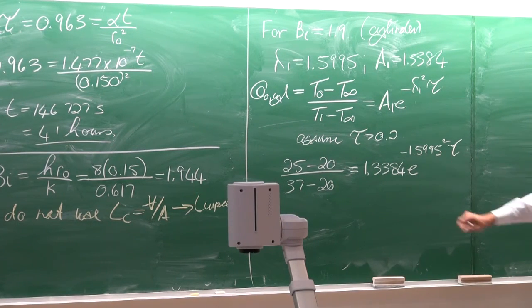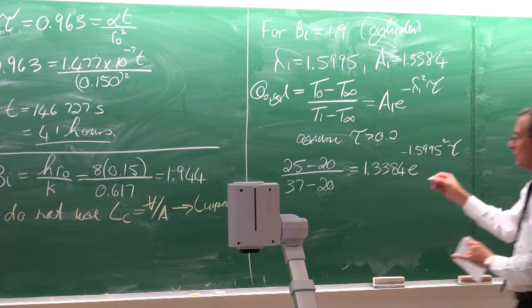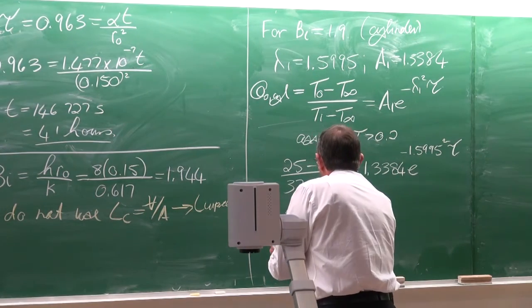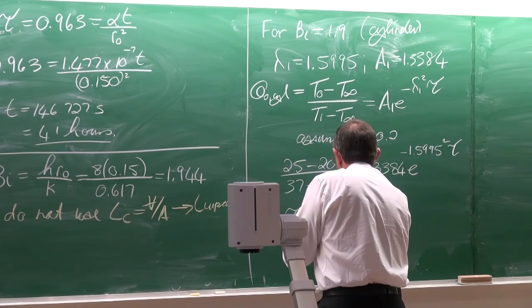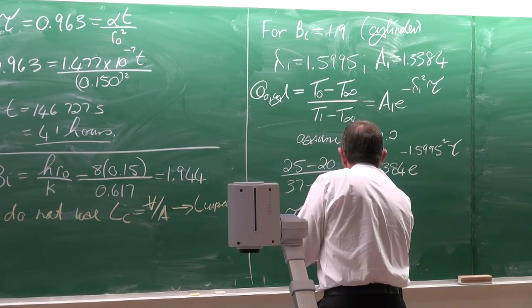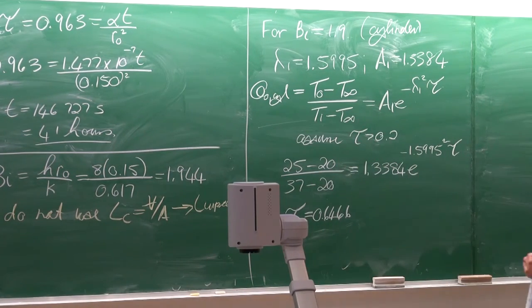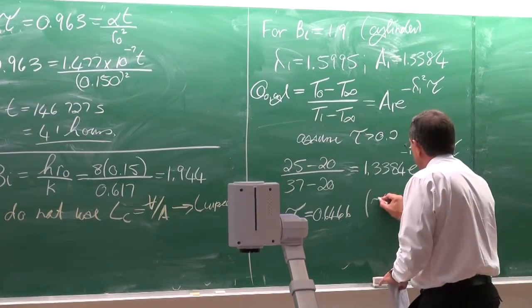Just put in the values of A1 and lambda, and then we can calculate tau as 0.6466. Okay, so it is larger than 0.2.